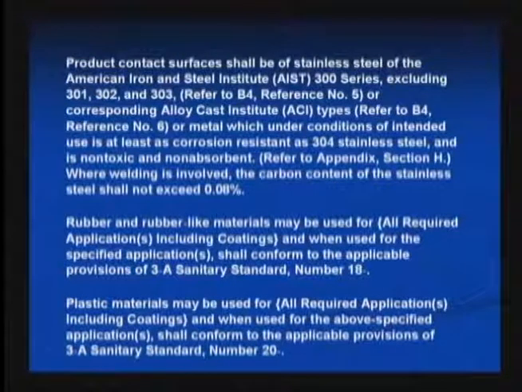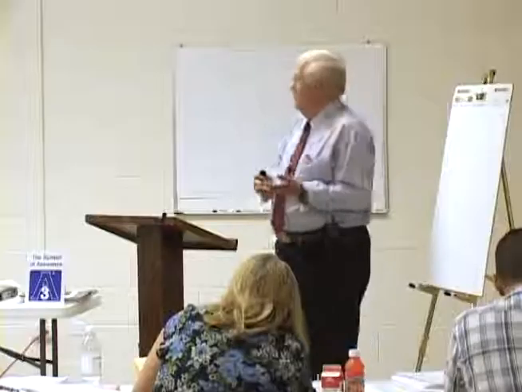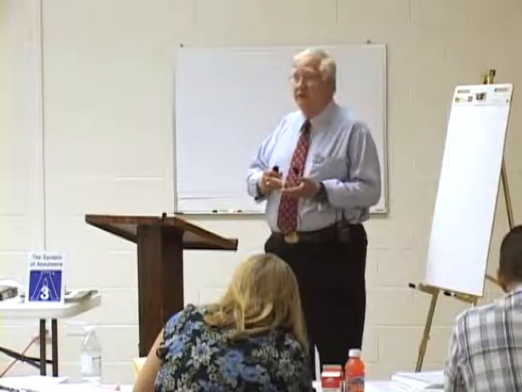So if you're going to use rubber and rubber-like materials for gaskets, seals, scrapers, those applications should be listed. The steering committee and the working groups have migrated more to a very specific listing.